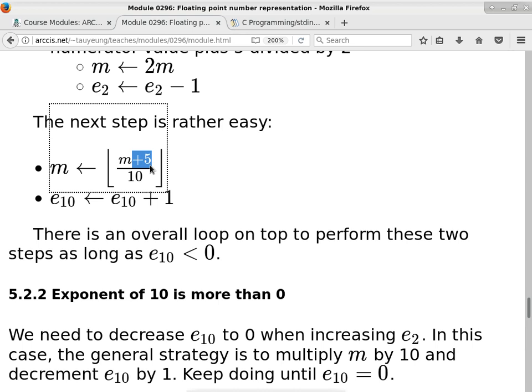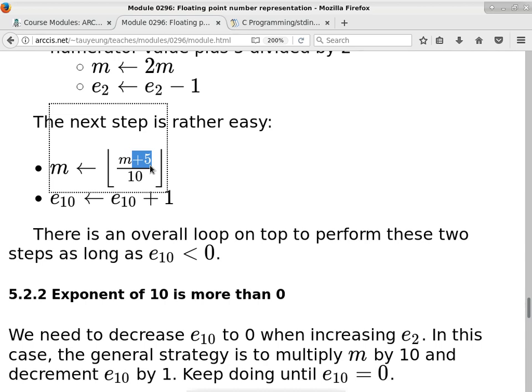It takes me longer to type this than to type the pseudocode. But I don't want to give you the pseudocode. I want you guys to come up with the pseudocode, or the actual control structure in C. Is that okay? So once again, as long as is the same thing as while. Are we good with this one?